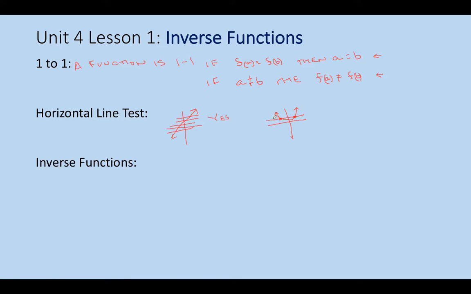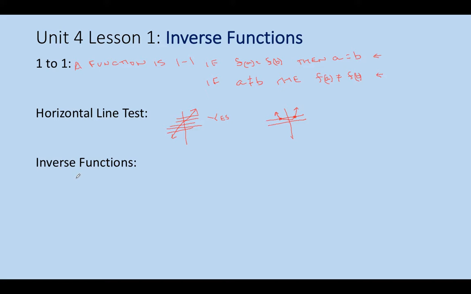All right, now inverse functions are something else. So what is an inverse function? Well, an inverse function goes like this.